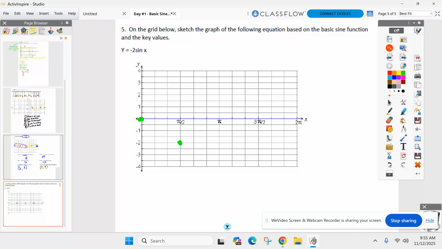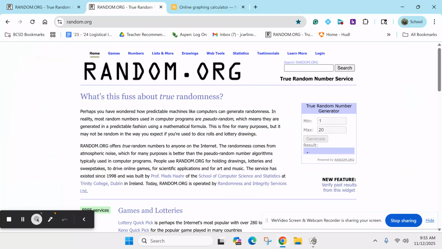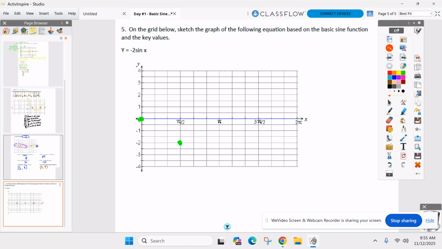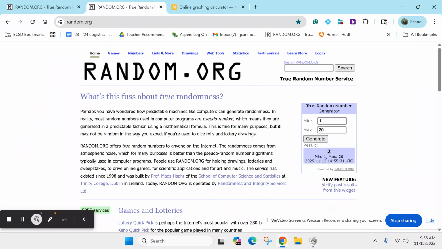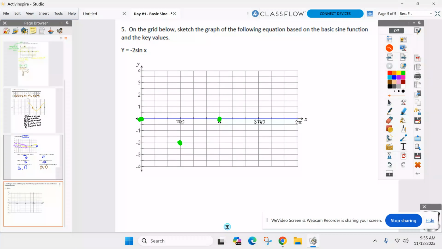Then where does the sine curve go? Yes, minimum, max, but we had to flip it. Then where does it go from here? Brady? Which is not affected by the negative. It's just the min and the max. Usually at this point, where would the original sine curve go, Sophie? After this midline, it would go to where?